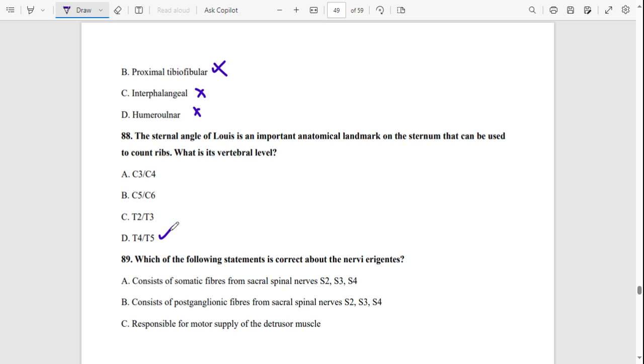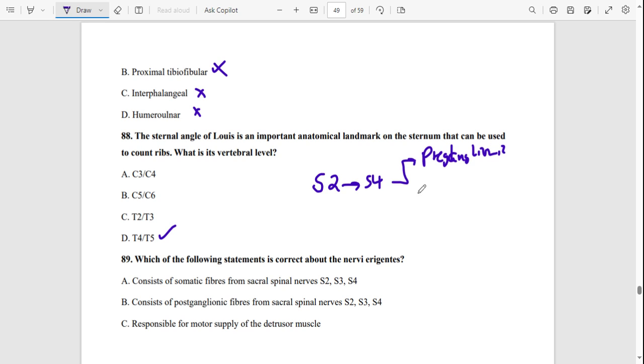Which of the following statements is correct about the pelvic splanchnic nerves? Now, the pelvic splanchnic nerves are also known as the nervi erigentes. Pelvic splanchnic nerves come from S2 to S4, and these ones are made up of preganglionic fibers.